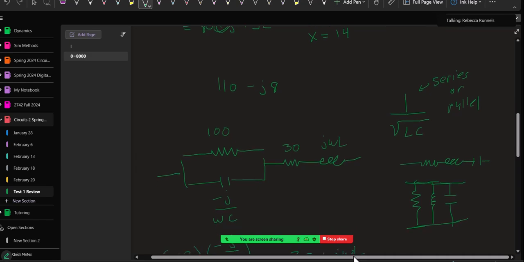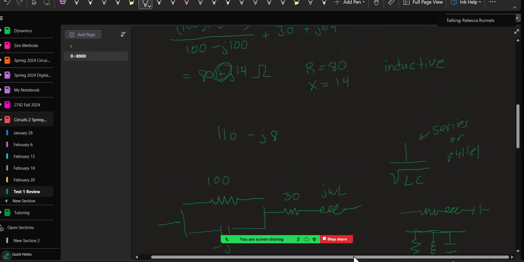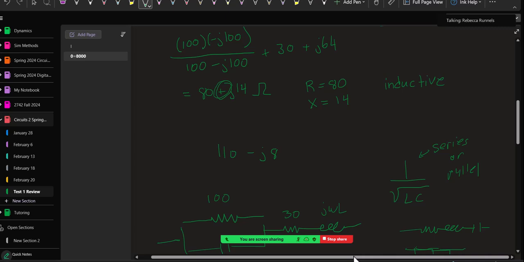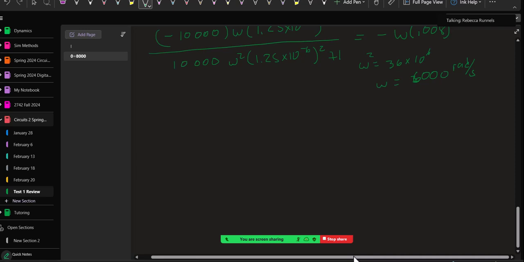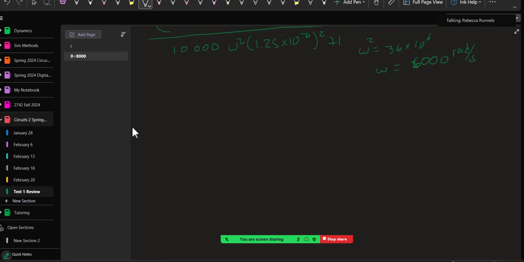You definitely do need to know that the resonant frequency is 1 over the square root of LC, for your formula sheet. You asked what you should have on the formula sheet. Resonant frequency for series or parallel. So omega naught for series or parallel is 1 over the square root of LC.